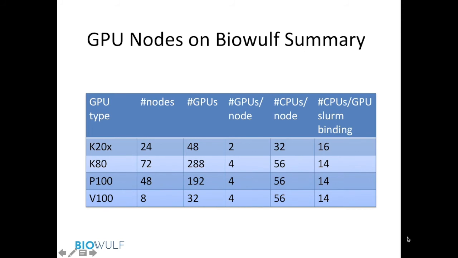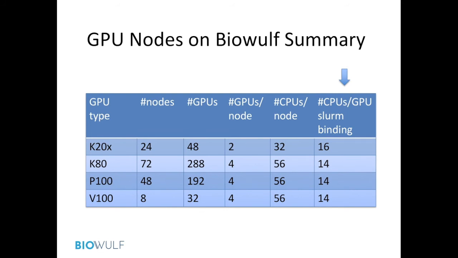On this slide is summarized the type of GPU-equipped nodes in the Beowulf cluster. The table lists the GPU type, total number of nodes, total number of GPUs, the number of GPUs per node, the number of CPUs per node, and this last column shows the number of CPUs that are bound to each GPU on the node. Recall from my previous video that Slurm uses the Linux kernel to bind a process to a specific set of compute cores and memory.